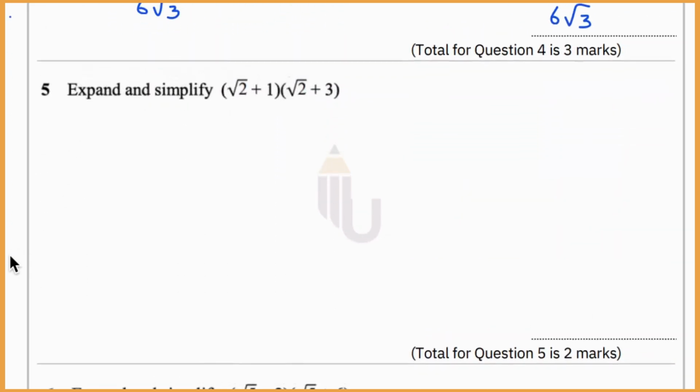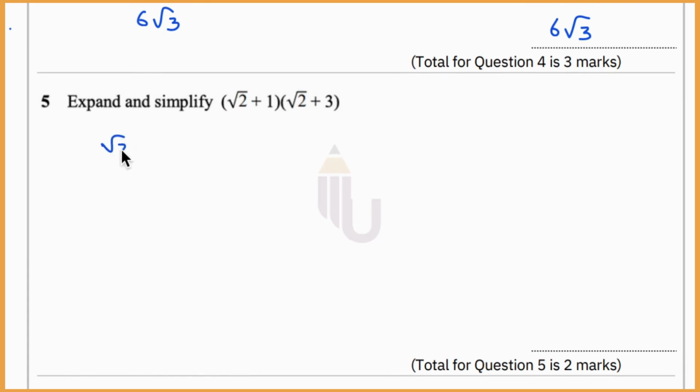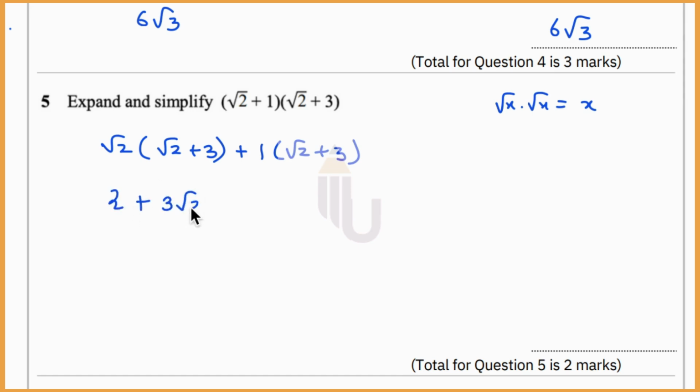Now here we have two brackets, so we need to multiply each term, like we need to distribute them over both the brackets. And now it is the same as the earlier questions. So root 2 times root 2. Now root x times root x is x. So root 2 times root 2 will be 2. Root 2 times 3 will be 3 root 2.